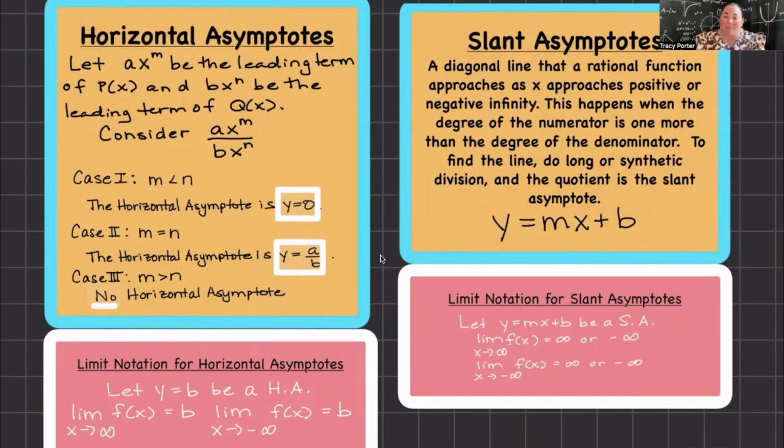Now, the limit notation for the slant asymptote: as x goes to positive infinity, out to the right, or negative infinity, out to the left, the function goes up or down infinitely. So it approaches positive or negative infinity as x gets large and small.